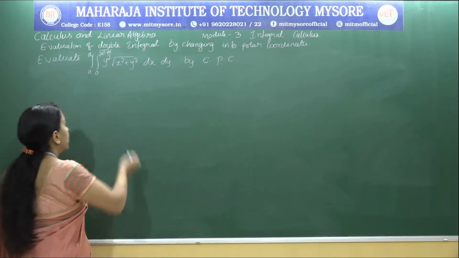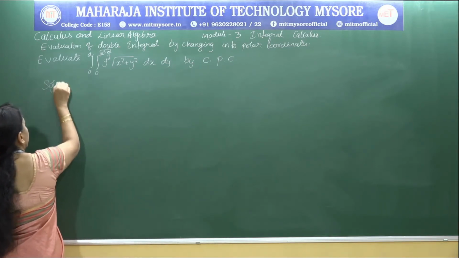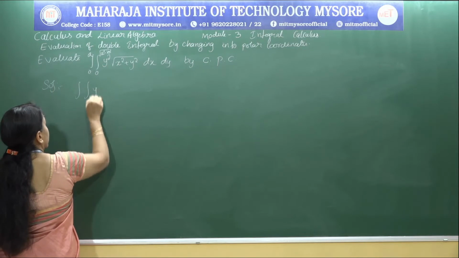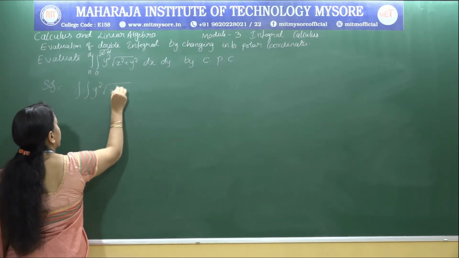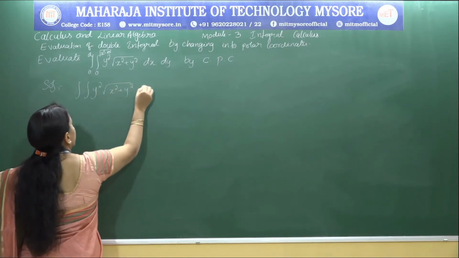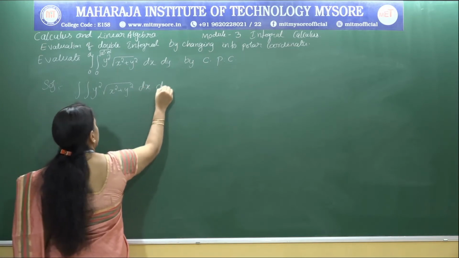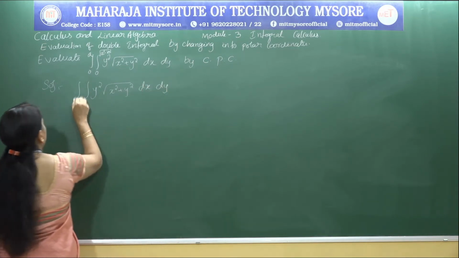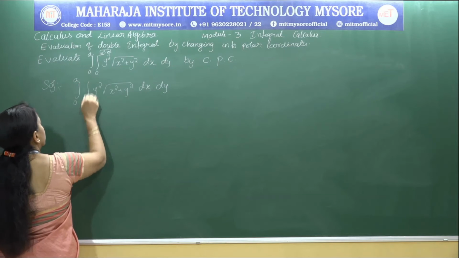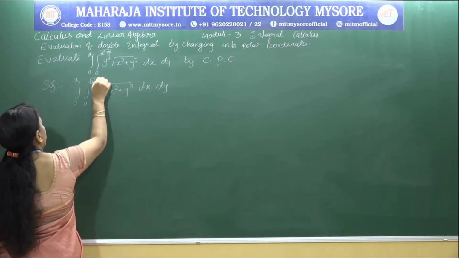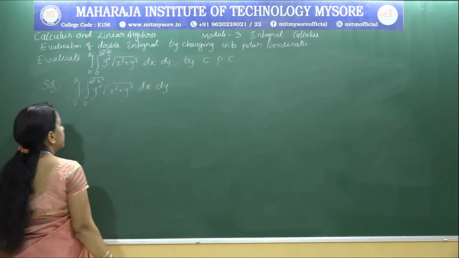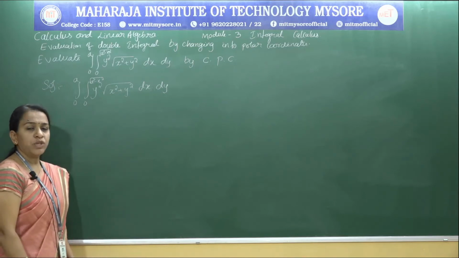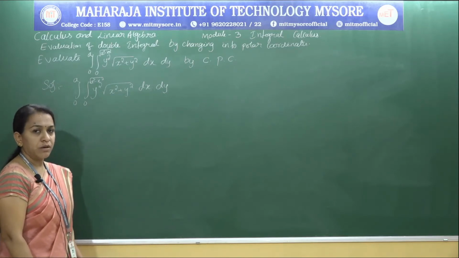So consider the given double integral y square root of x square plus y square dx dy between the limit 0 to a and 0 to root of a square minus x square. So now we should know what is the limit of x and y, right?